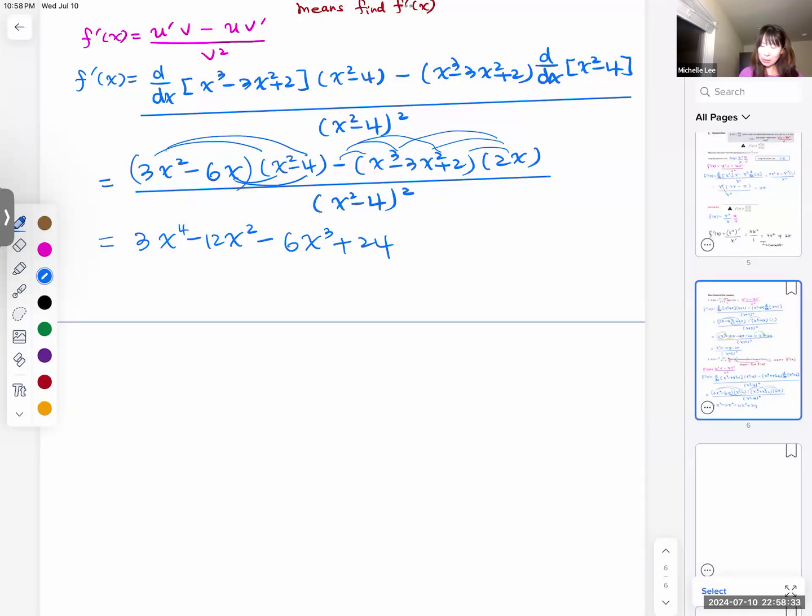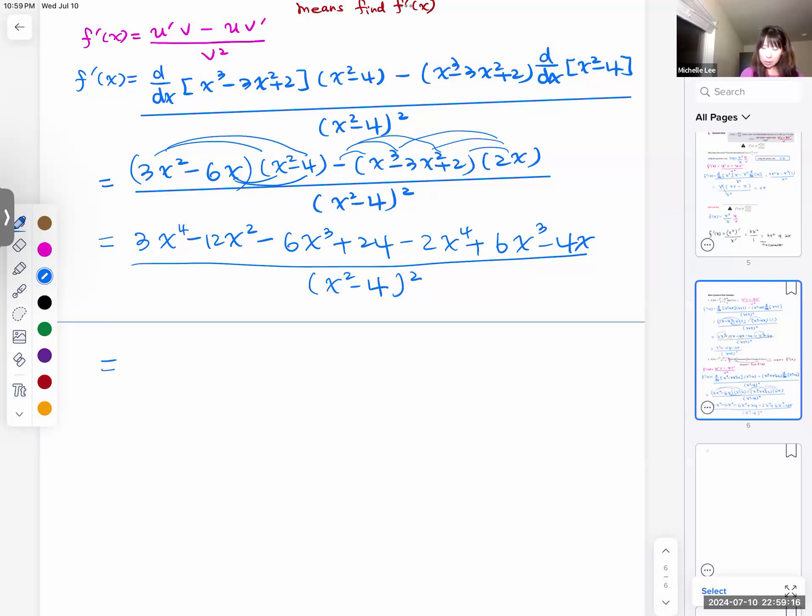Negative 2x times x cubed, so negative 2x to the fourth power. And the second one, negative is positive 6x to the third power. And the third term, 2x times 2 and then negative, so it's negative 4x, over x squared minus 4 squared.